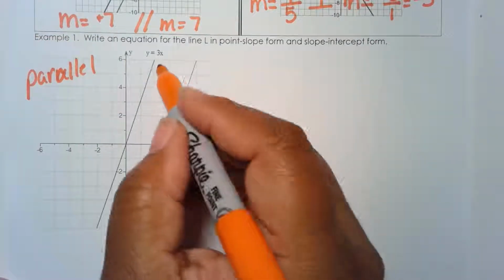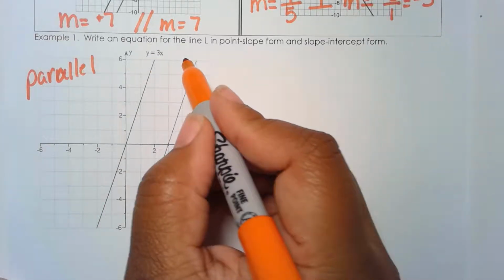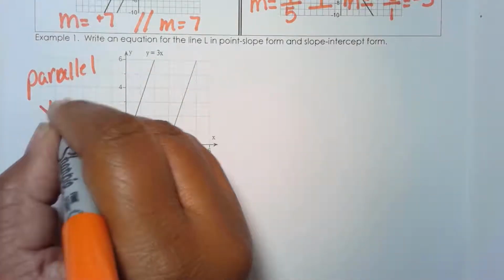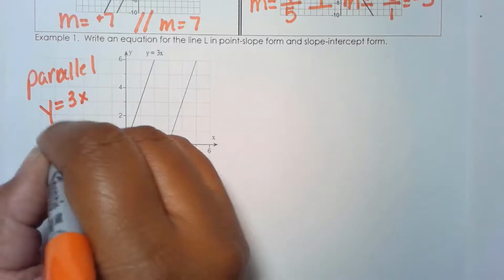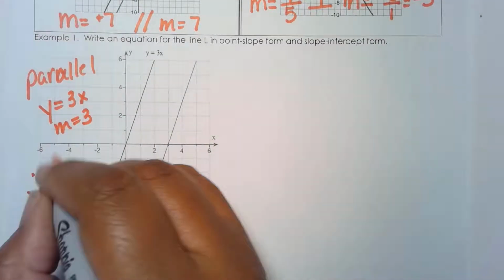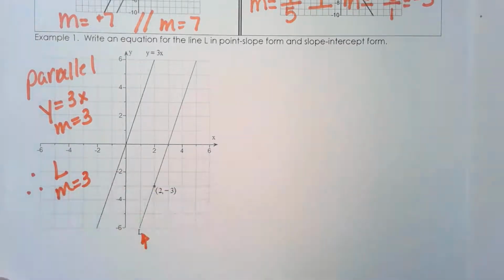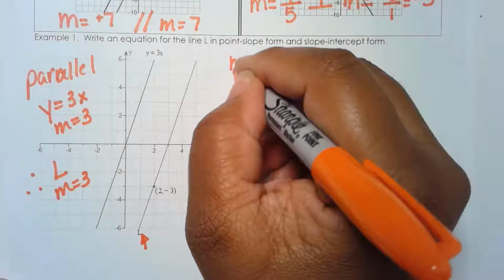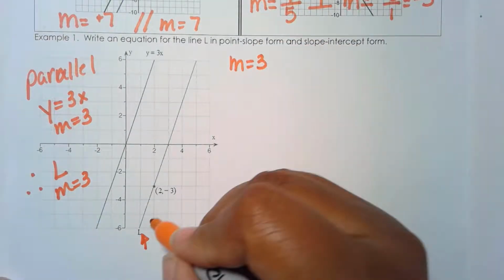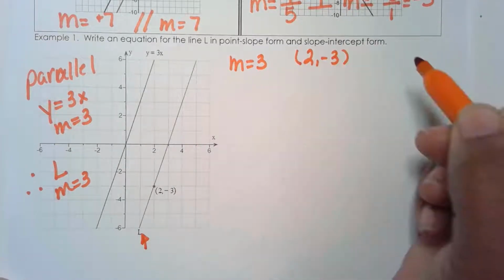So if this line, which is not L, is y equals 3x, its slope is 3, therefore line L's slope will be 3. Now we have a slope of 3, and the point that's on line L is 2, -3.